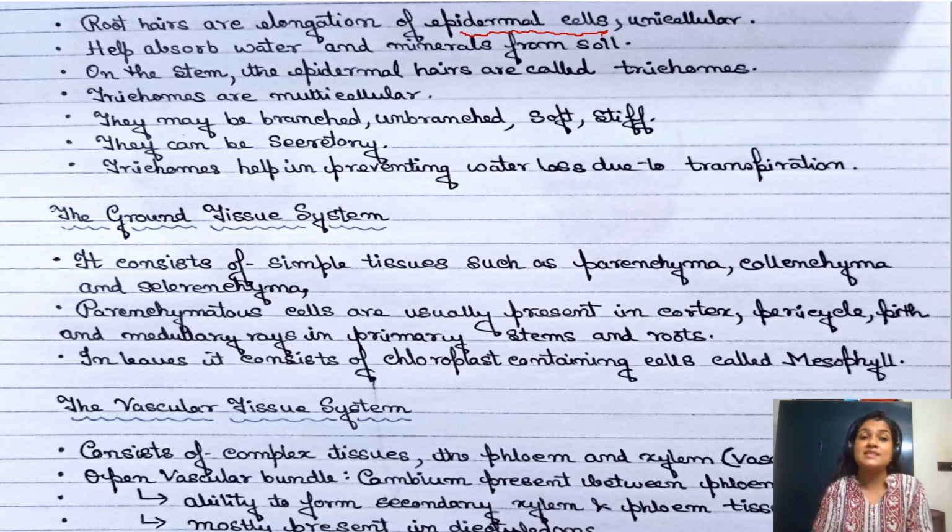Another characteristic of root epidermal cells: they are devoid of cuticle, and root hairs are unicellular.